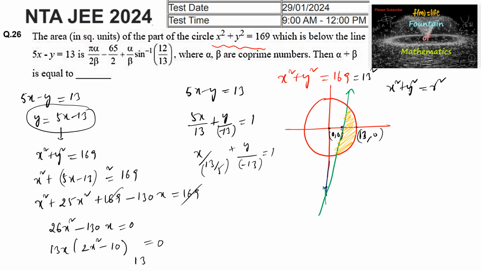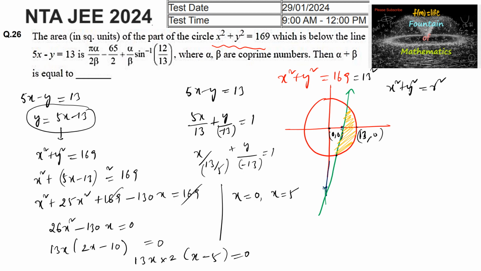Or we may also write 13x into 2 also taken common, so we can write x square minus 5x is equal to 0, that is x into x minus 5, which is equal to 0. So we can conclude that the values of x can be taken as 0 or x is equal to 5.